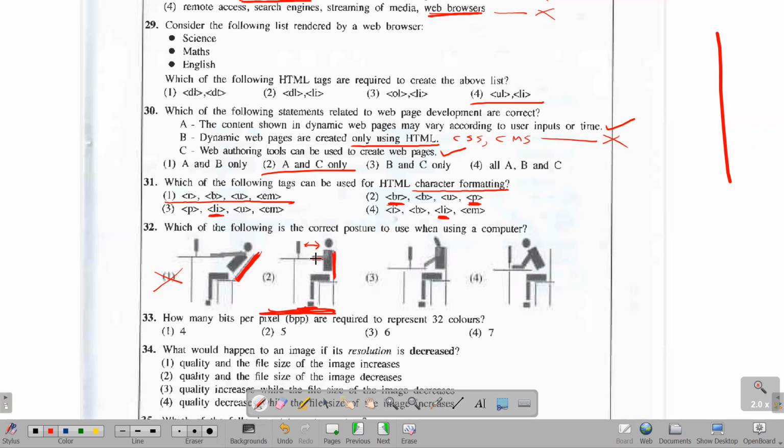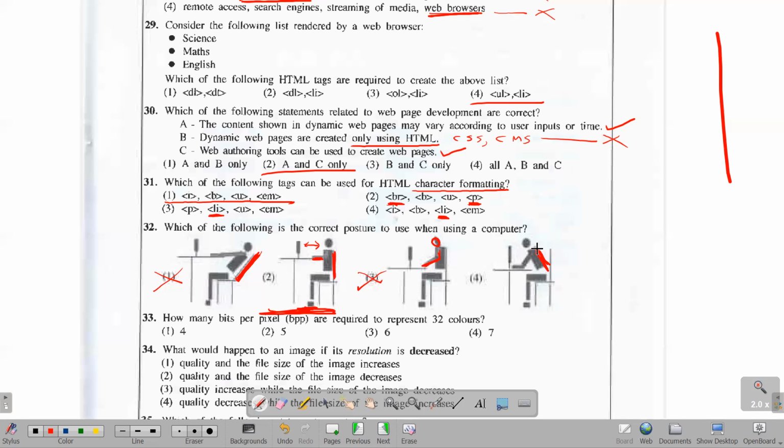Your arms are resting on the table, right? And here your head is a little bit leaning and arms are not resting. So the third one cannot be the answer. Here again, you are leaning forward. So it is not the answer. So for the 32nd, it's the second one.